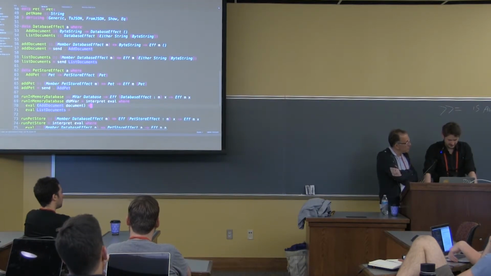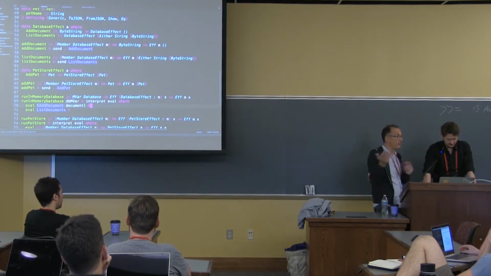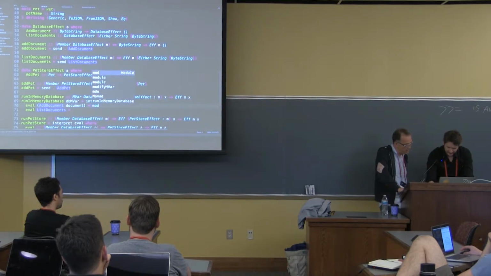So what are we going to do with our document? Well, the simple thing that we can do is basically we get some byte string and show it in our list. Okay, so modify the mvar? Yeah, we need to modify our mvar.